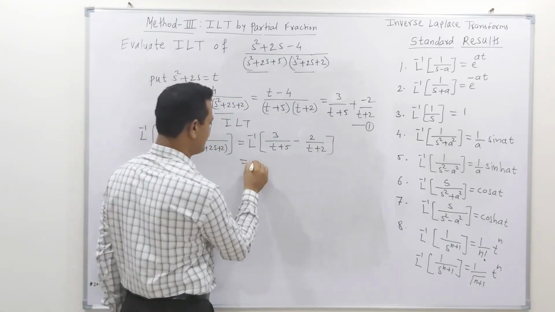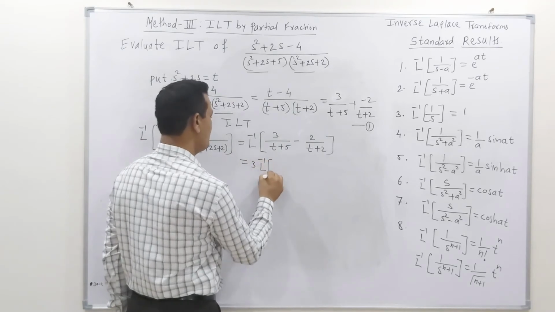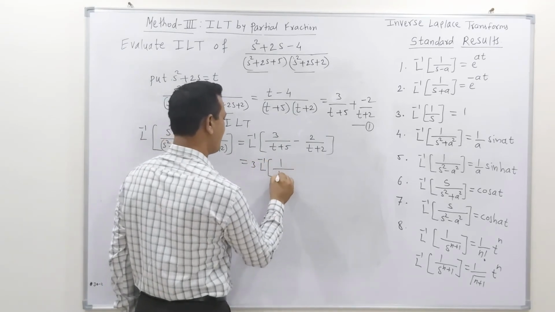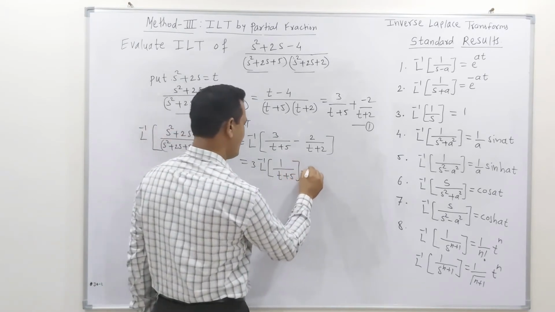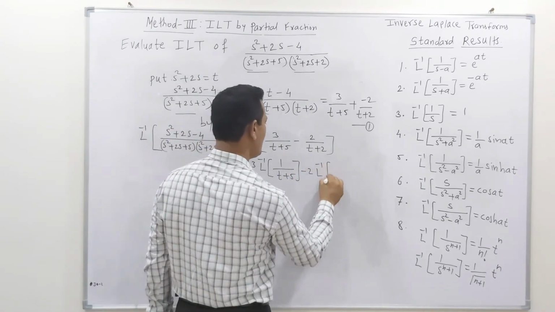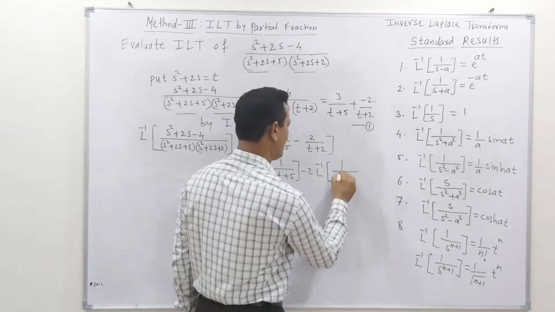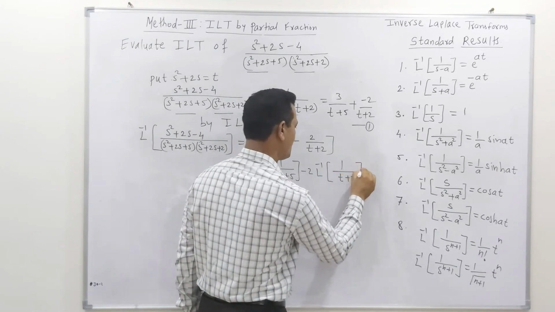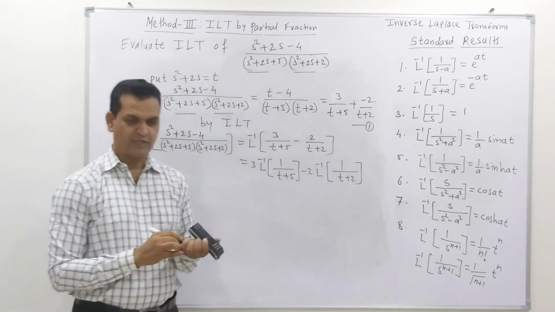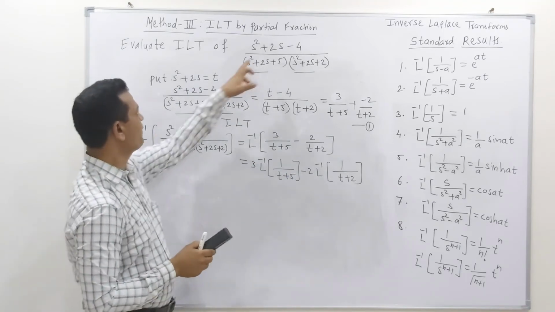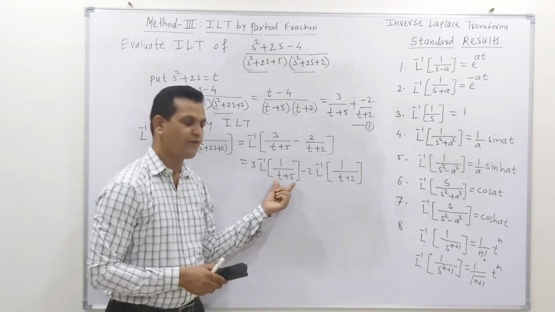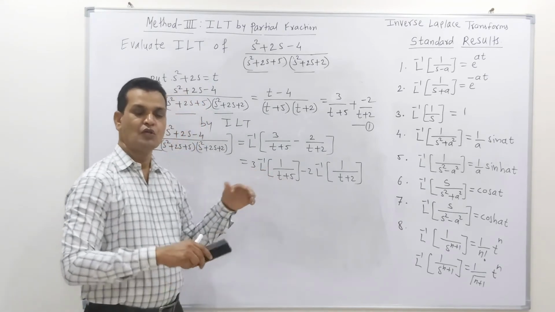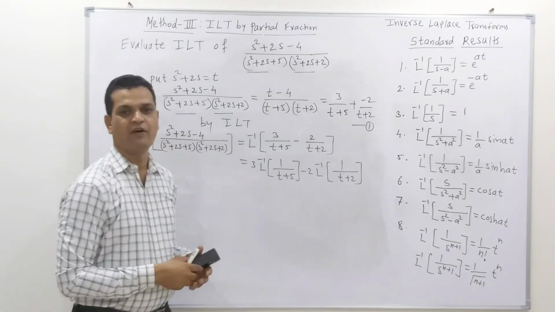So we can write this as 3 into inverse Laplace transformation of 1 upon t plus 5, the first term, minus 2 into inverse Laplace transformation of 1 upon t plus 2. Now friends, observe that in the original equation we had the parameter s, and here we get the parameter t for finding the inverse Laplace transformation. So once again re-put the value of t.